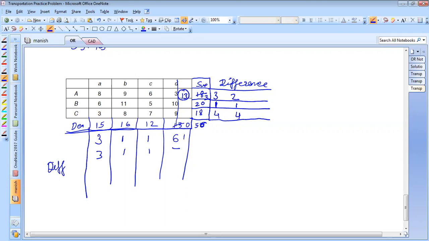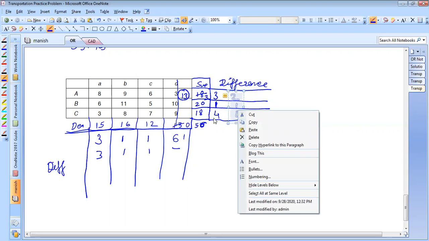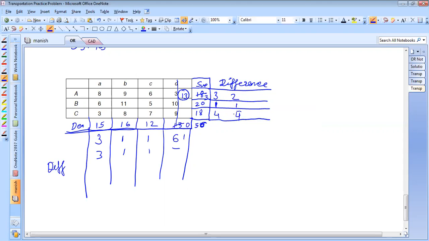Okay. Which is maximum? 4. We will select 4. If we select 4, we will select this 3, make an allocation here. Allocation is 15. So this becomes 3, this becomes 0.